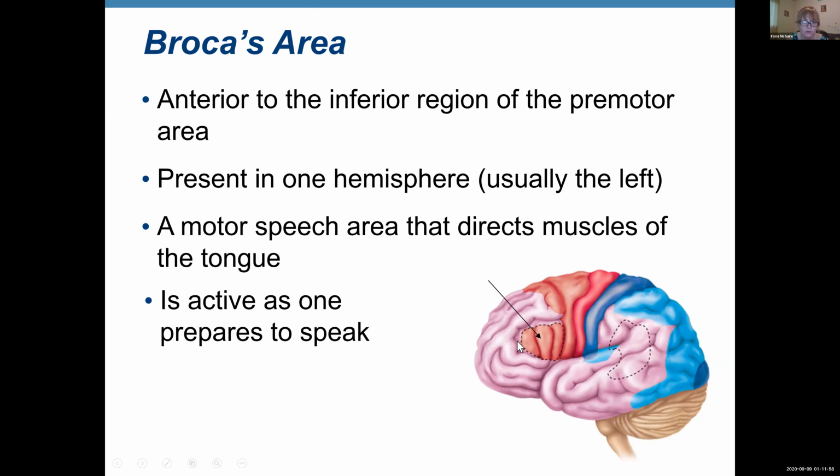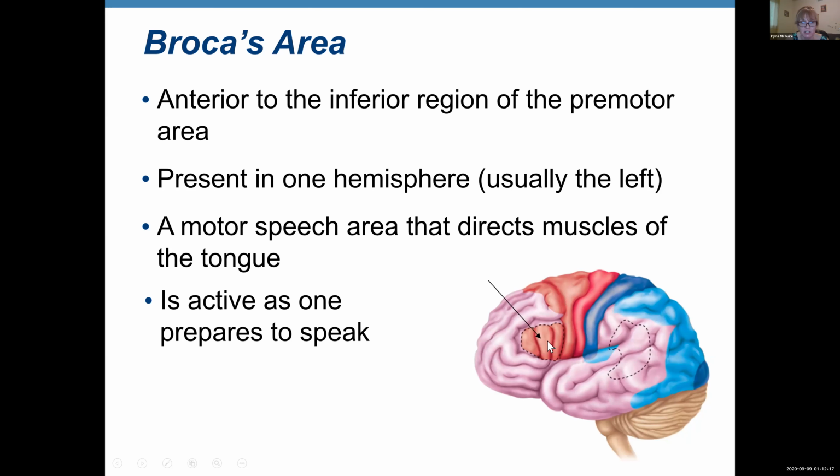Broca's area, shown here with the arrow, is anterior to the inferior region of the premotor area, and is present in only one hemisphere, usually the left. And this is the motor speech area, which directs the muscles of the tongue.